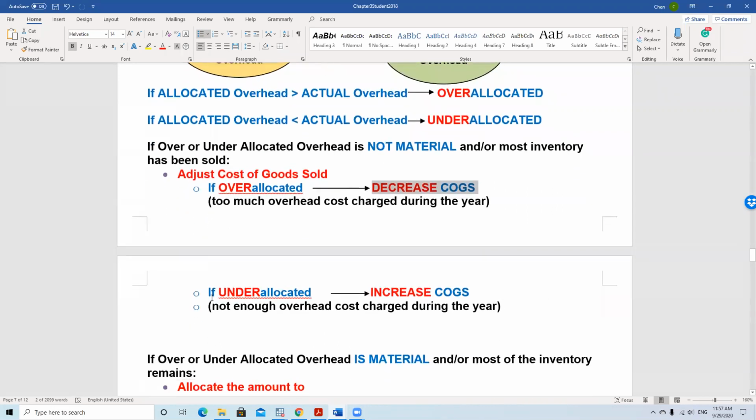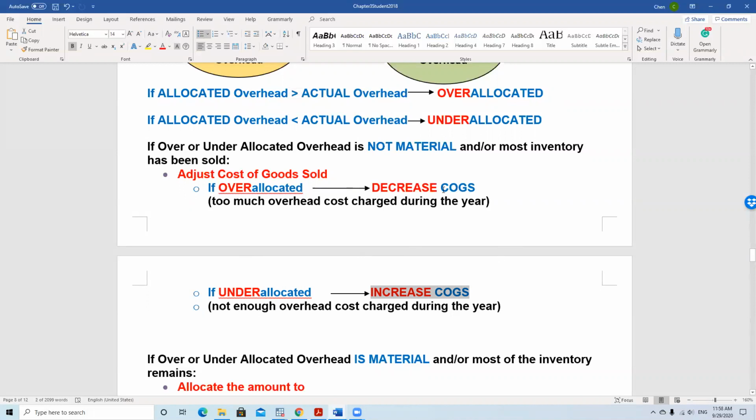And if you are under allocating, that means your allocated overhead is not enough compared to what actually happened. And in this way, you need to increase your cost of goods sold on your income statement.